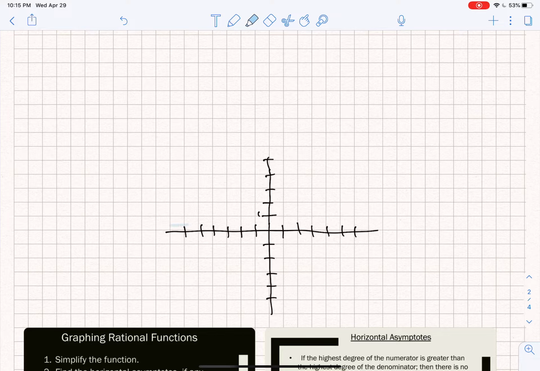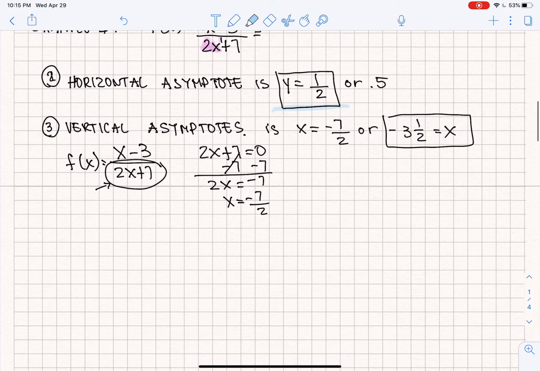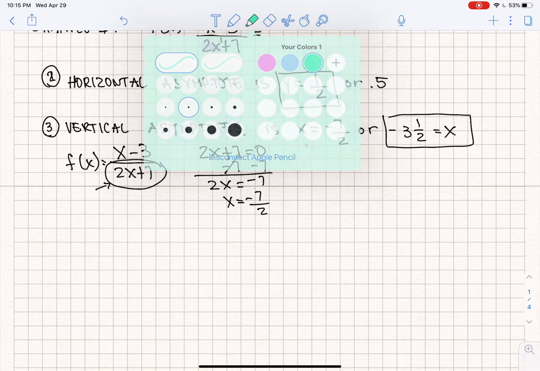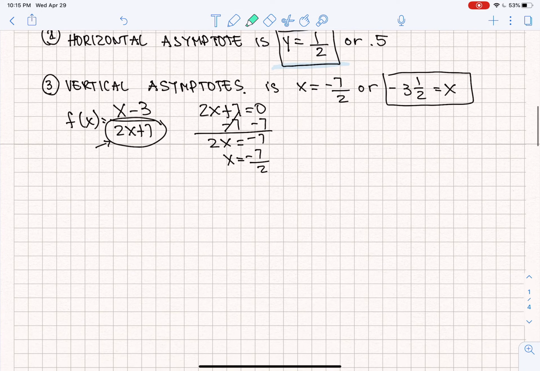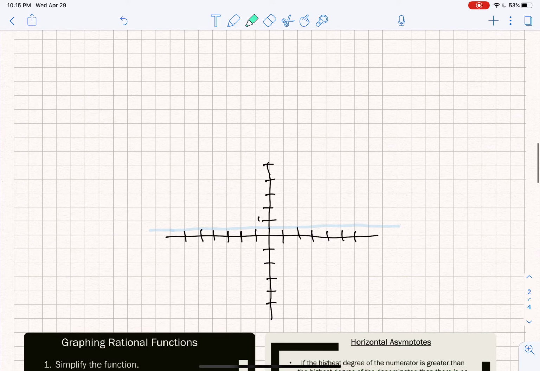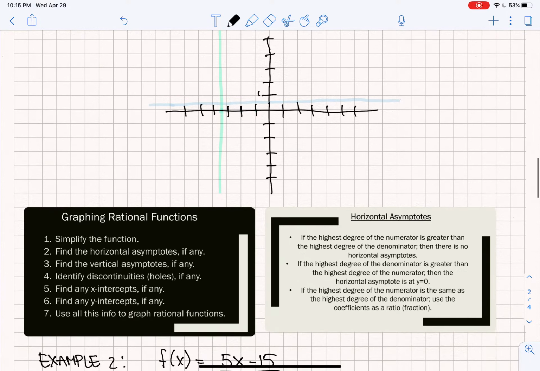So I would have a horizontal asymptote at y equals 1/2. And then my vertical asymptote would be at negative 3.5, which would be right here. So I would draw the vertical asymptote here. So far so good. I have my asymptotes. That's all I wanted to do here so far, just get our asymptotes done.